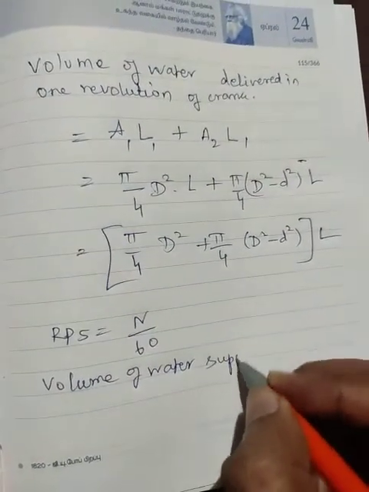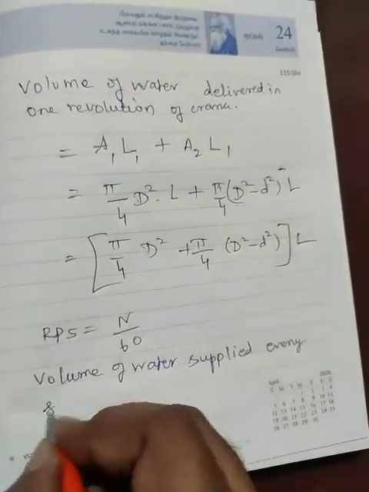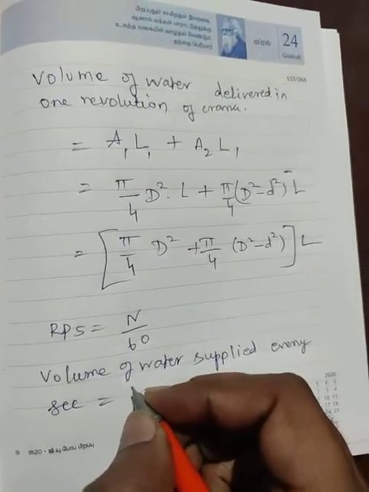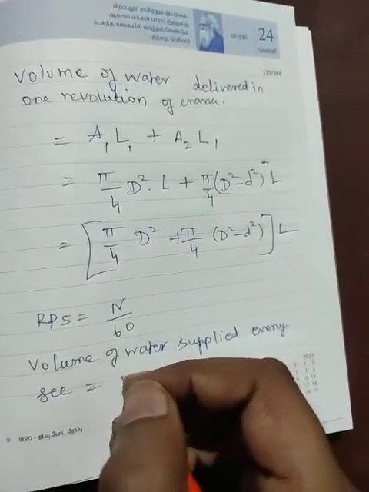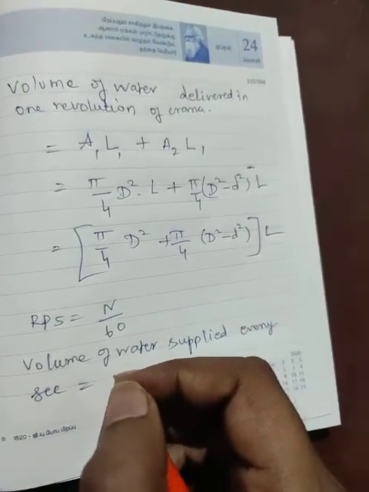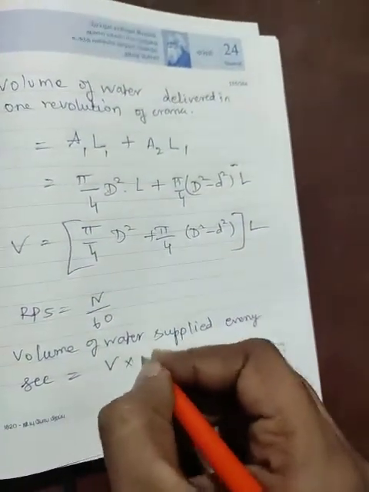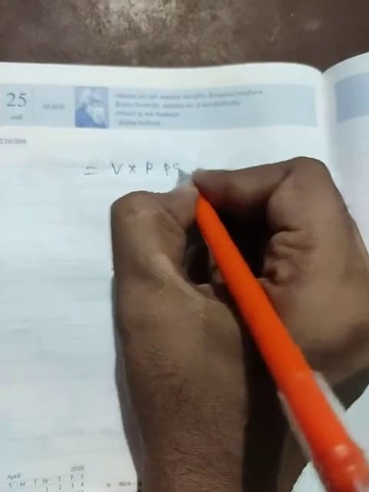For calculating for the entire speed, we first have to calculate the number of revolutions per second, which we can calculate by dividing N by 60, so it will be equal to N by 60. In order to find the total volume of water supplied every second, we multiply the volume of water delivered in one revolution by RPS, revolutions per second.